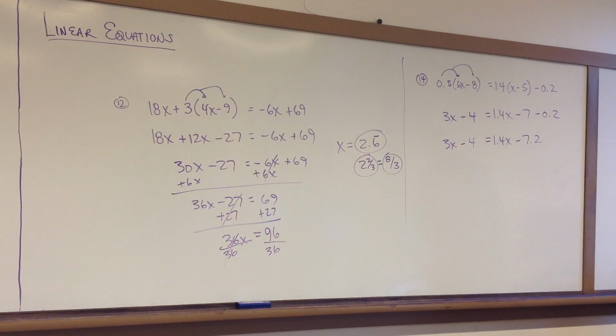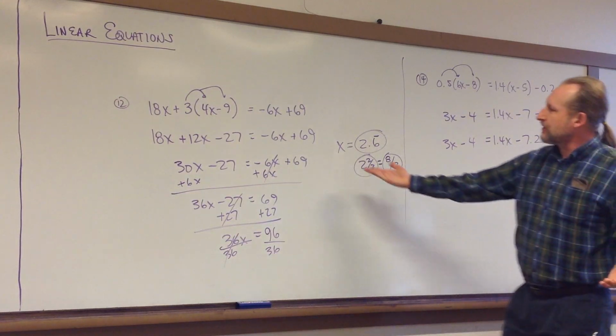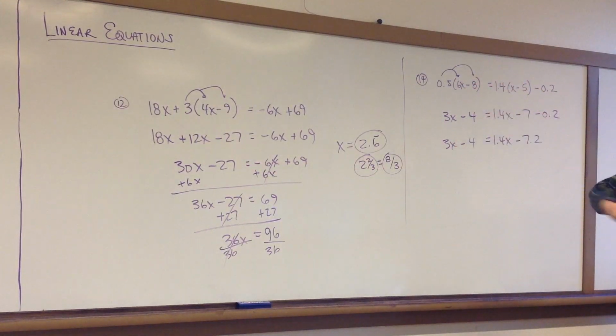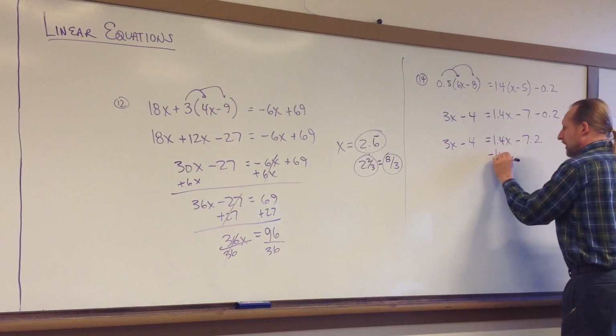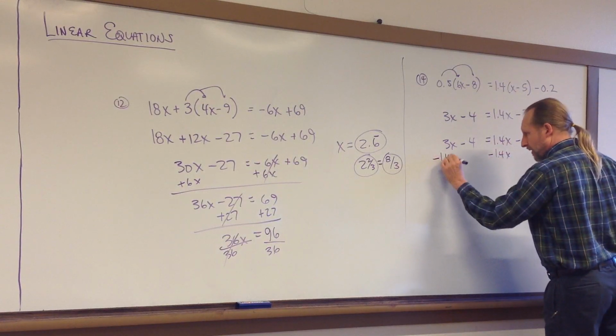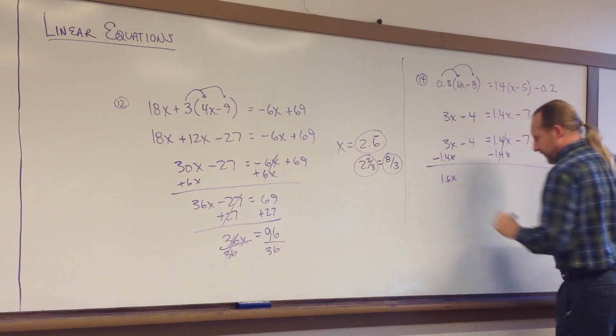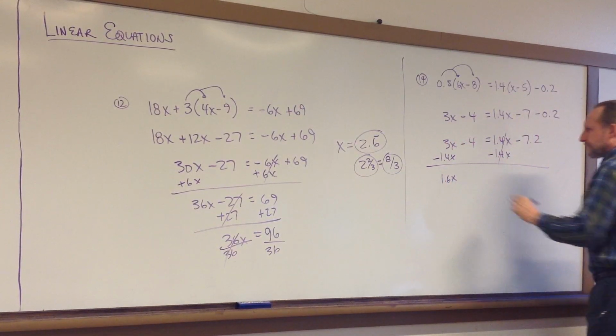Okay? All right, so now we're in a similar situation that we were right here. So I'm going to collect all my variables on one side, collect everything else on the other side. So let's subtract 1.4x. 3 minus 1.4 should be 1.6x.